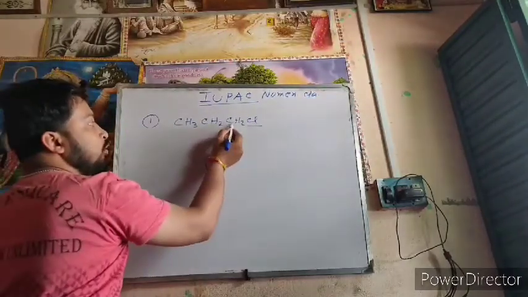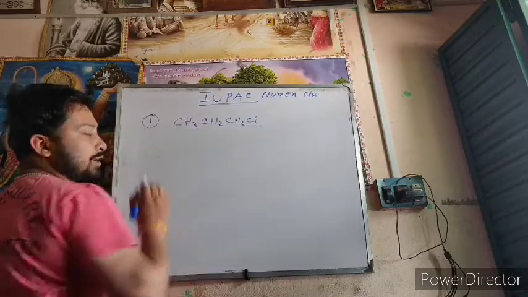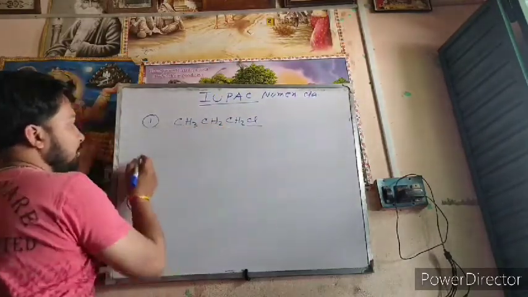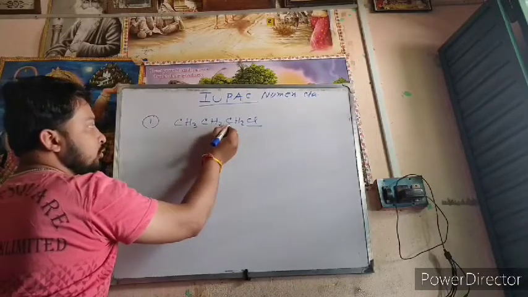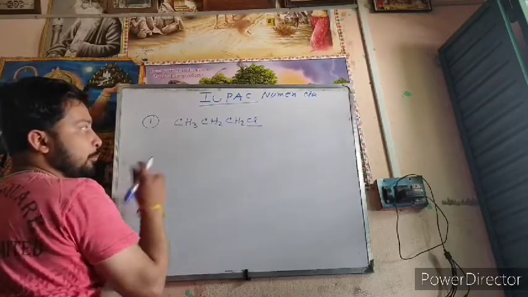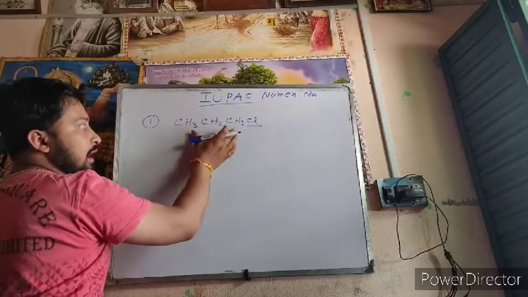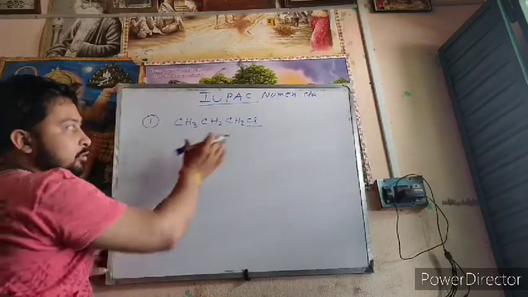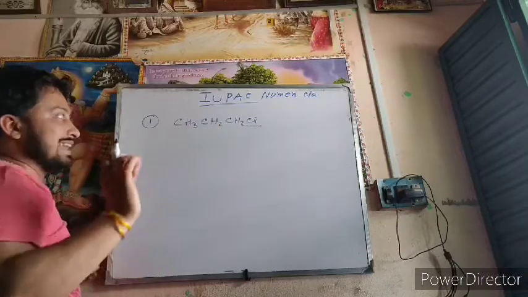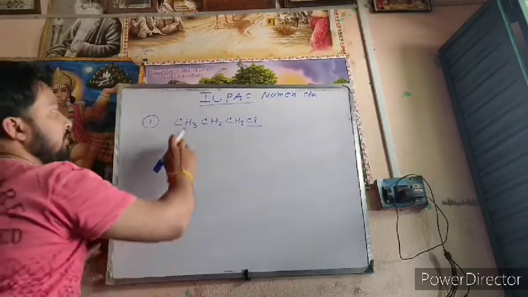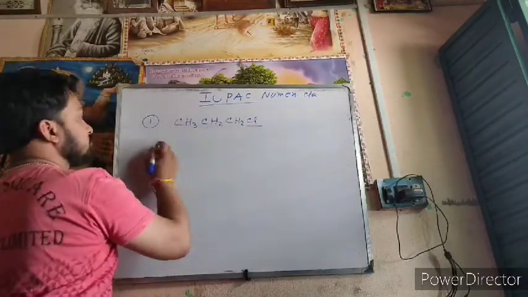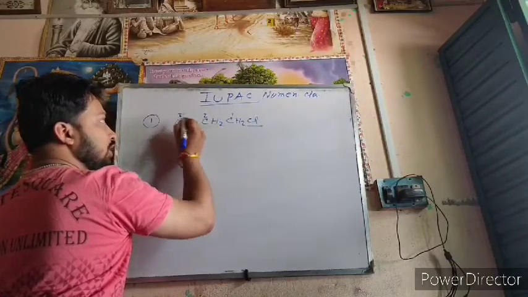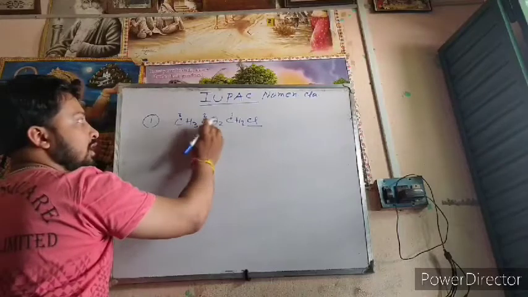So numbering 1, 2, 3. According to the number of carbon, this is 1, 2, 3, that is pro, and the bond between them is single. Therefore, this is 1 chloro.